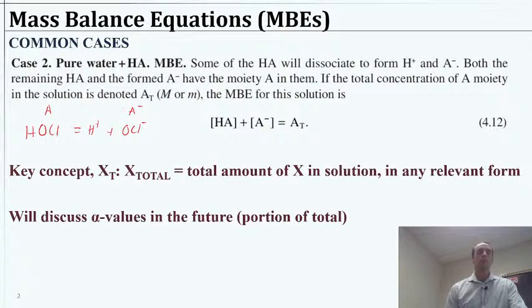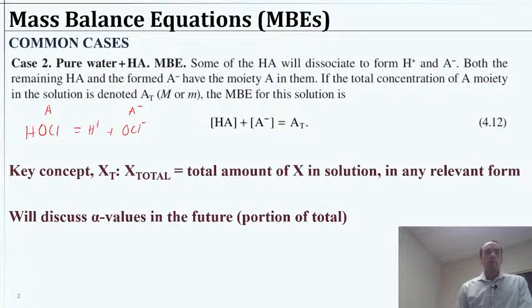That's the A-. So when we do some sort of acid like that, some sort of chemistry, what we're saying is that the amount of OCl in this solution is not changing. If we had 1 mole of HOCl, then we have 1 mole total of OCl in one form or the other. So it's just that terminology, we're going to say we have some total. So we can use that subscript T there.